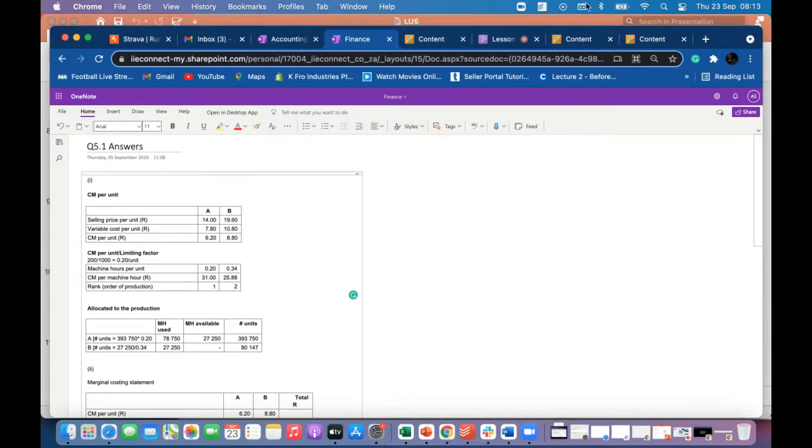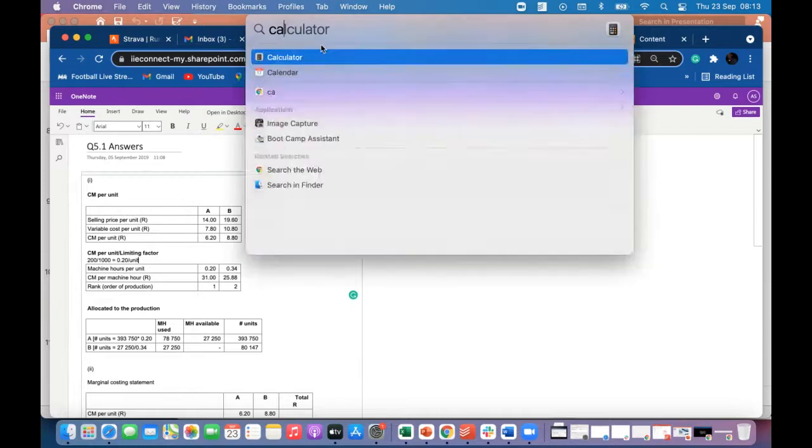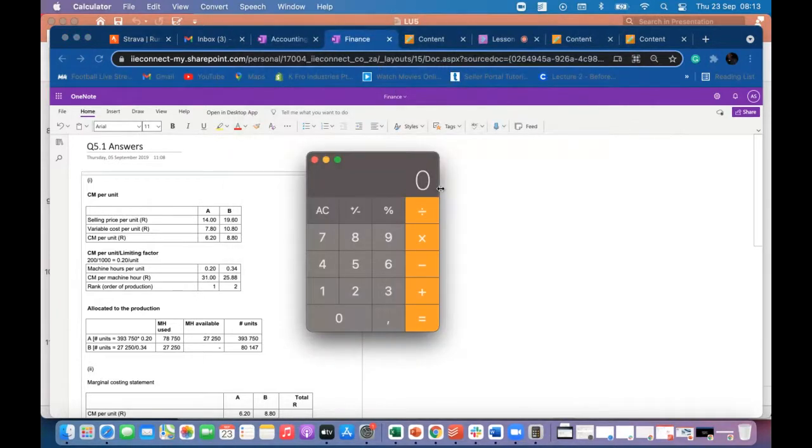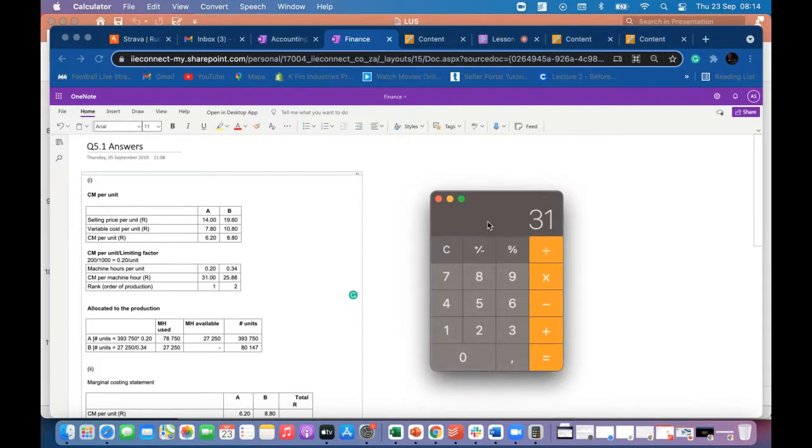Let's quickly see if I'm on the money there. Okay, so that's how we're getting the 31 over there. That's how we're getting our marginal income per machine hour.